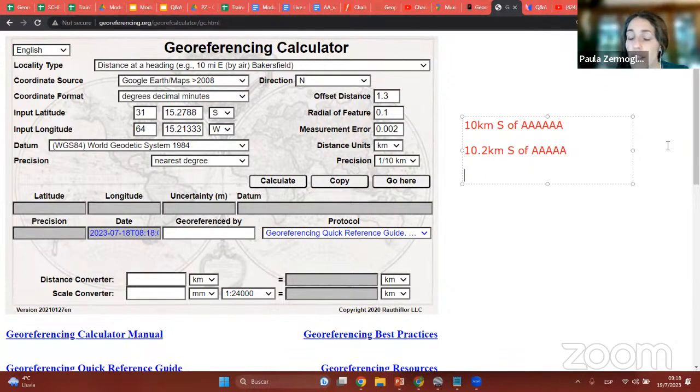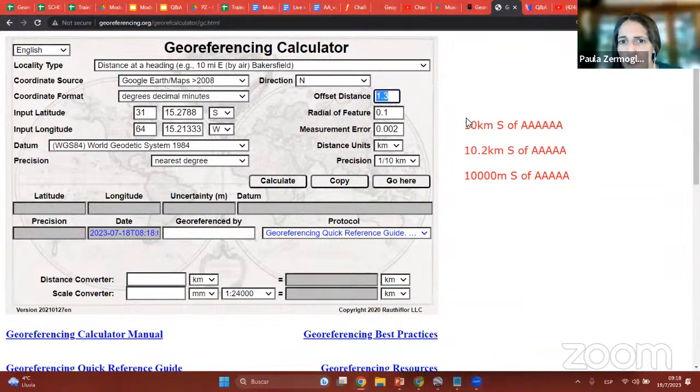And then we can have another option, let's put it in meters. Yeah, that would be 10,000 meters south of the town. This is a very exaggerated example.